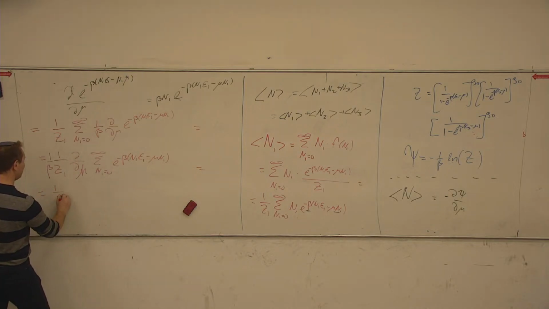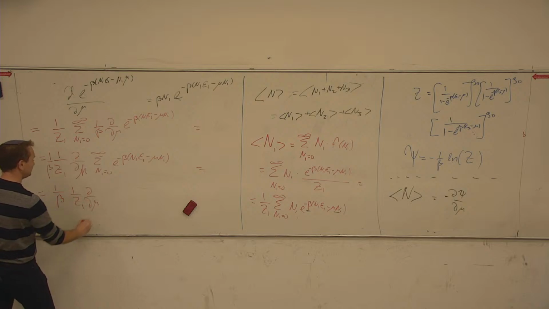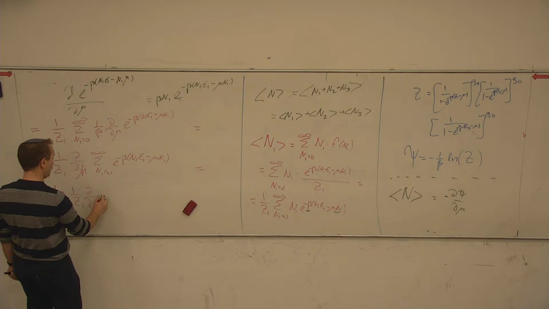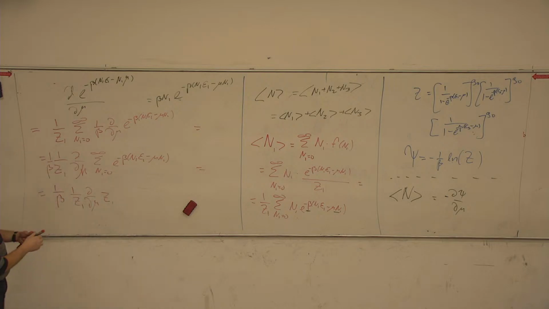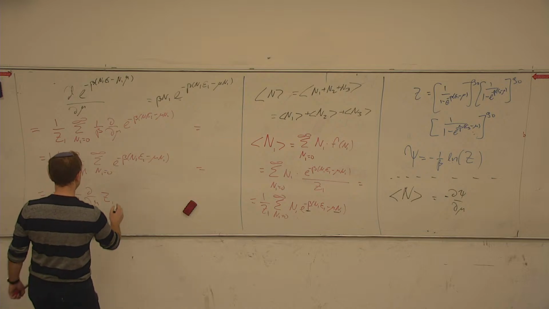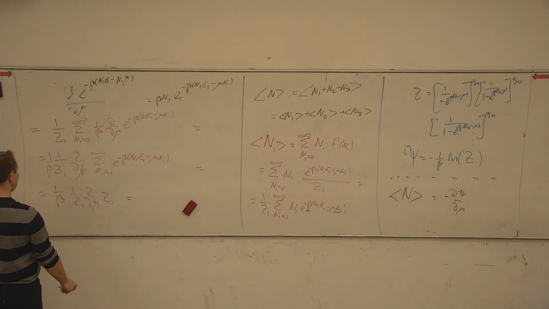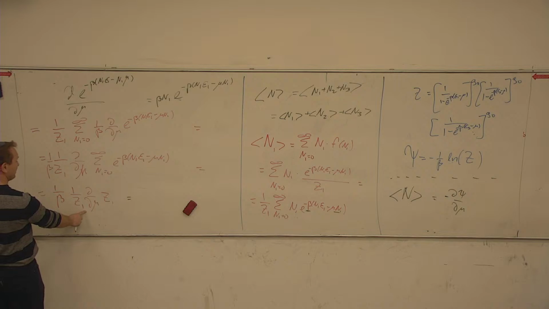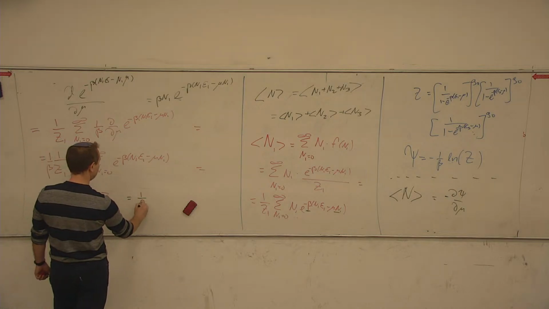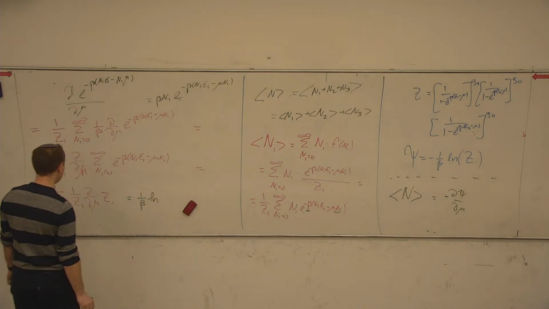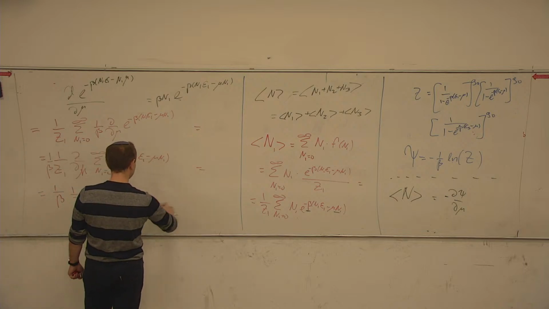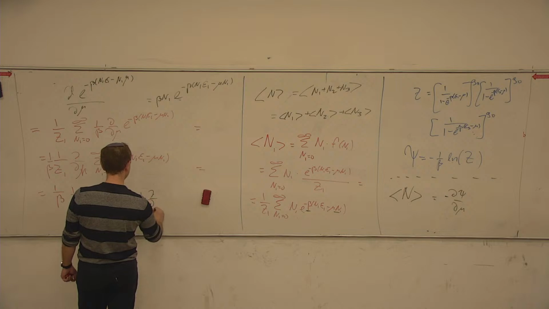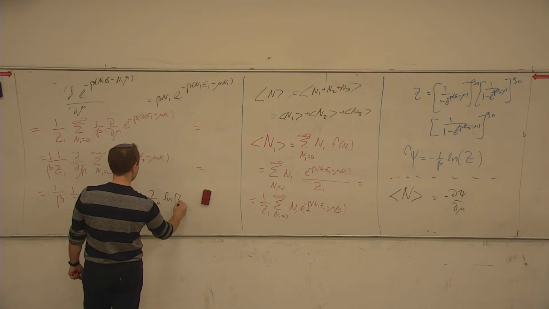So I have 1 over beta, 1 over Z1, d to d mu of Z1. And what do I obtain from here? I obtain this as 1 over beta, d to d mu of log of Z1.